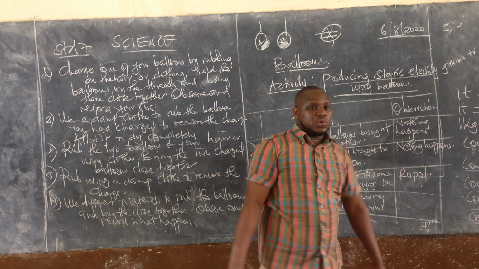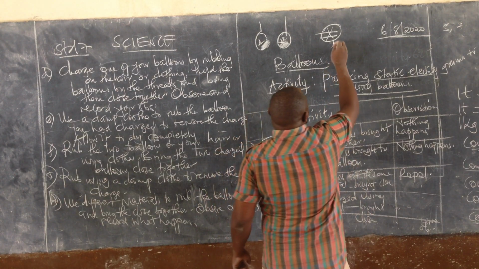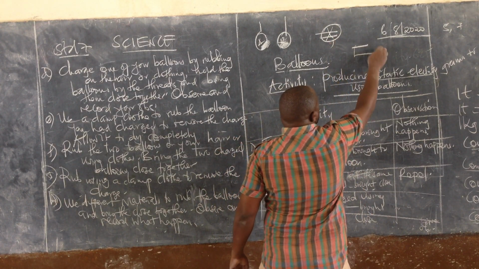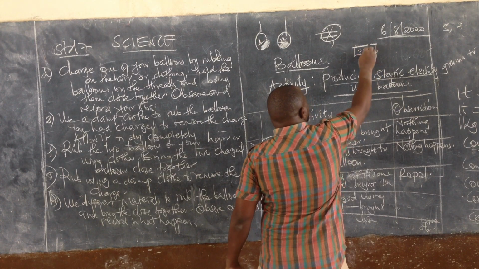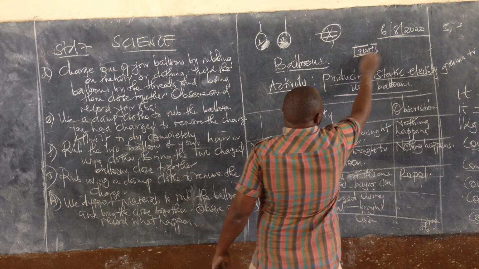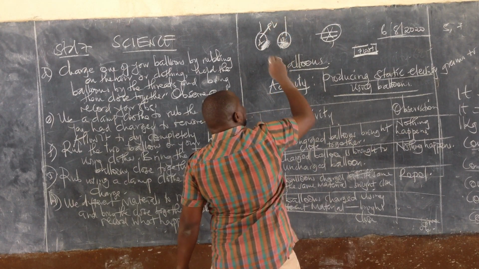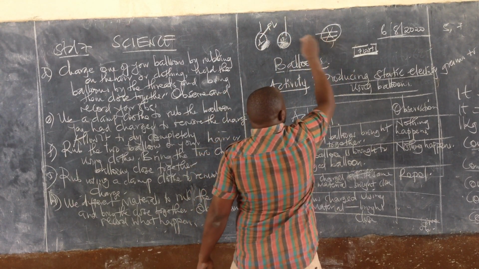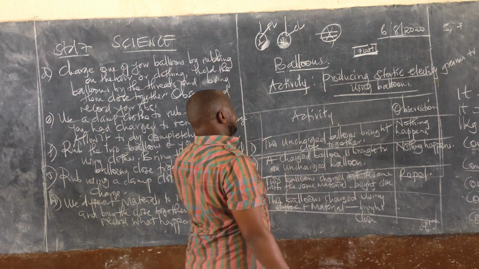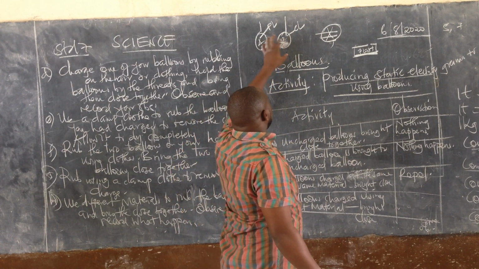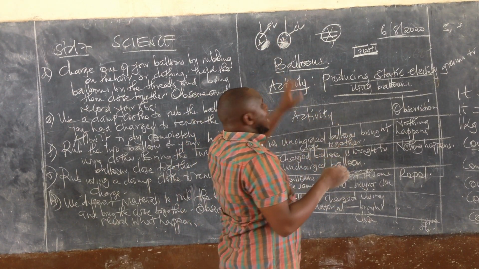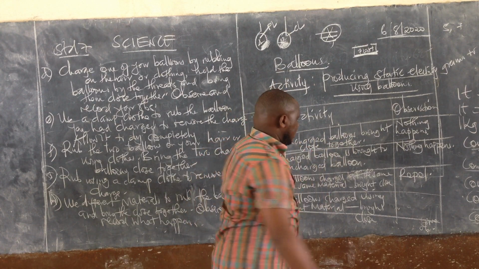Learner, you know exactly what is going to happen. If this is cloth, and this is another, let's say plastic, you use a plastic to rub balloon A, and then you use a cloth to rub balloon B. If you bring the two charged balloons together, they are going to attract.